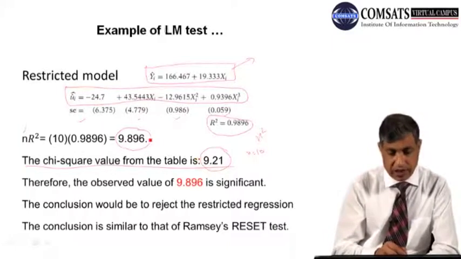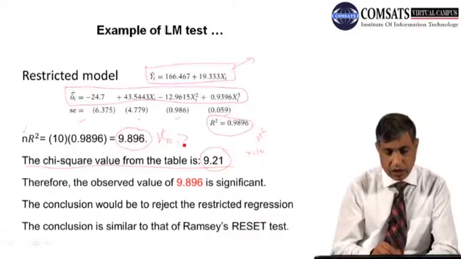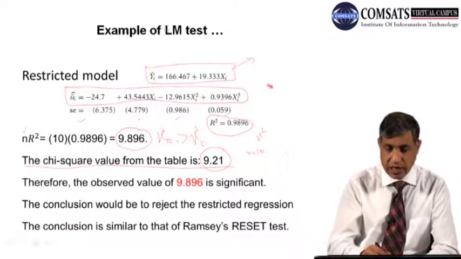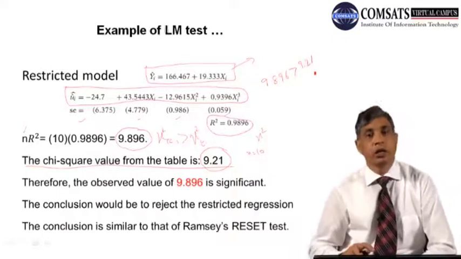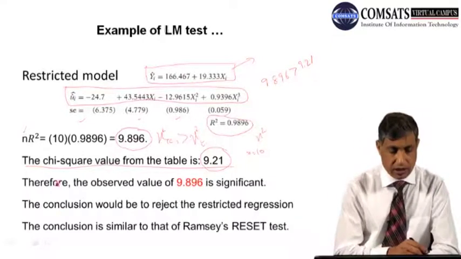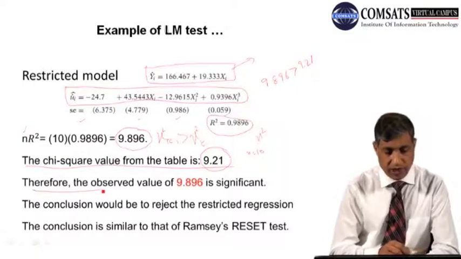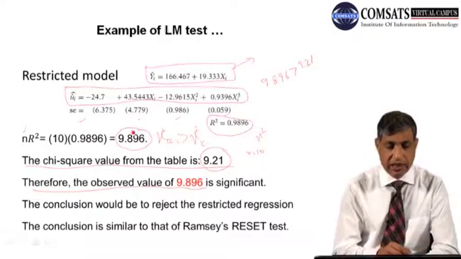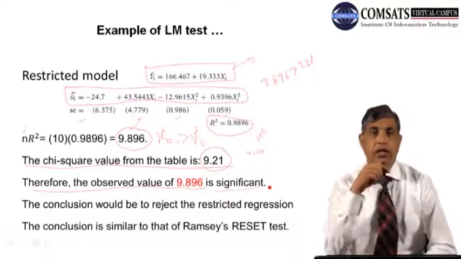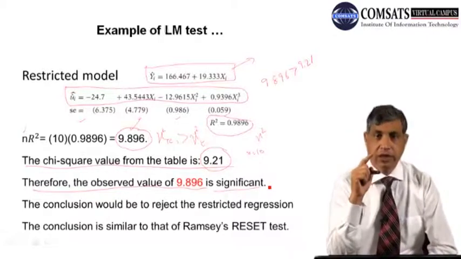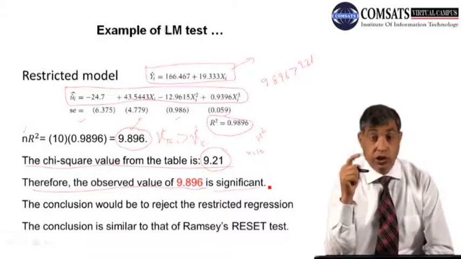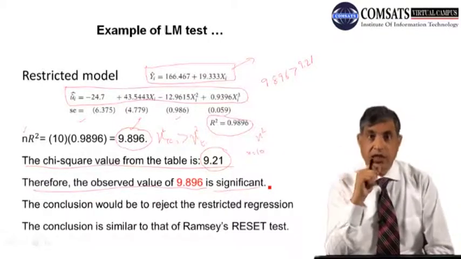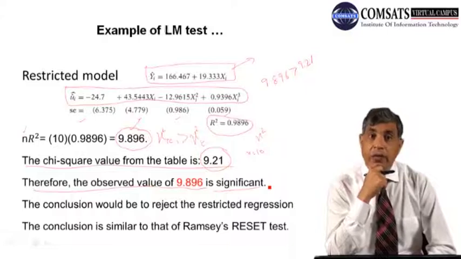Now, the calculated chi-square is greater than the tabulated chi-square. In other words, 9.896 is greater than 9.21. Therefore, the observed calculated value of 9.896 is significant, and as it is significant, we reject the null hypothesis.